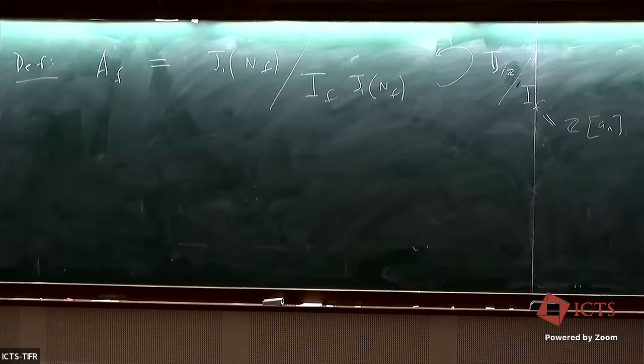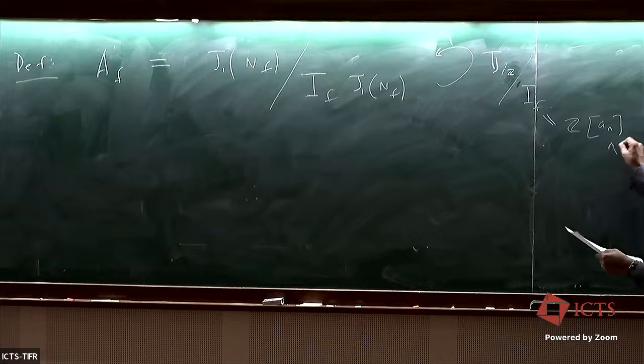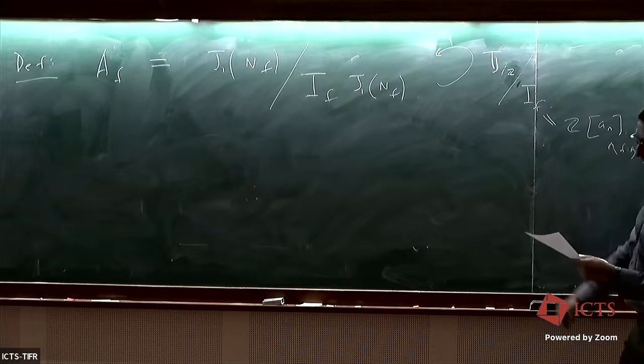The Z-module spanned by the T_n, but this is a finite rank Z-module, right? You tensor with Q, you get a number field, not something infinite dimensional, finitely generated. These kinds of rings showed up today in the morning.